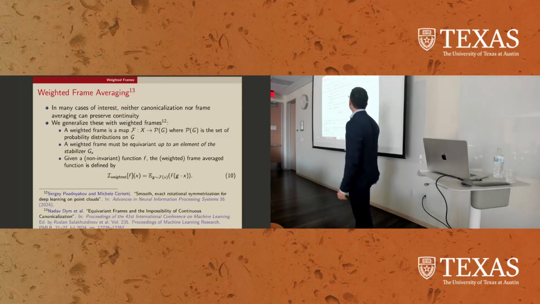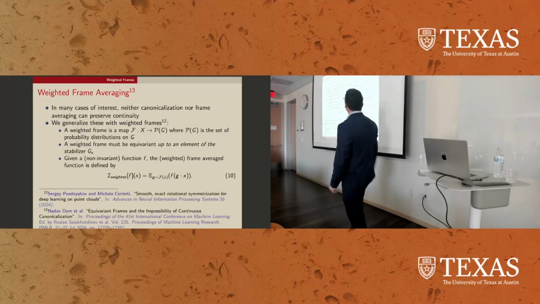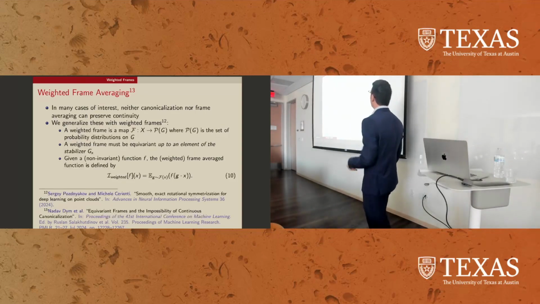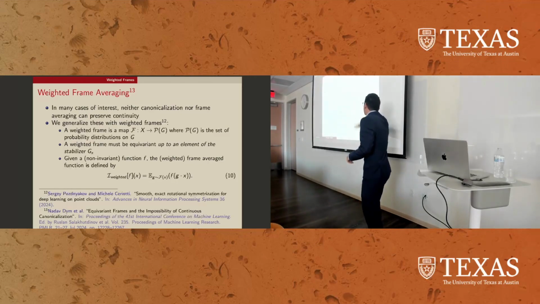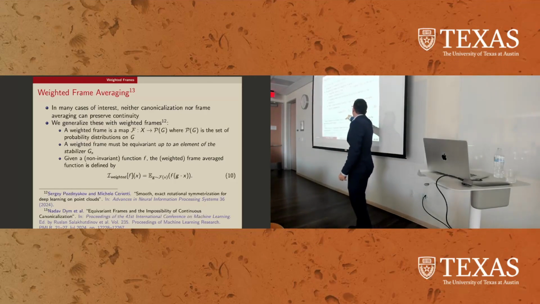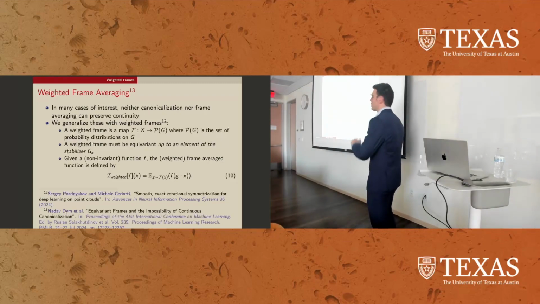So we have a map here: instead of from X to subsets of G, we map X to a probability distribution on G. So there's some input-dependent probability distribution on G. And we define the average function's value at the input x to be the average over this input-dependent distribution of f(gx), right? We basically average with respect to that distribution.